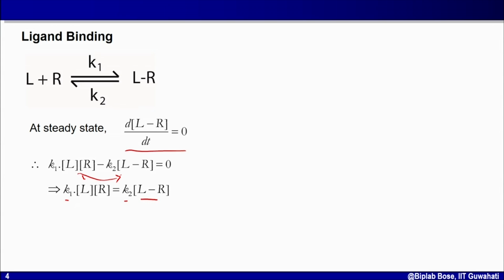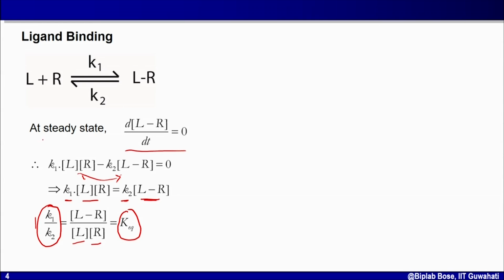So now take out this constant term on one side and the variable term on the other side. So what I get? I get K1 by K2 is equal to [LR] by concentration of free ligand and concentration of free receptor. This ratio of K1 and K2 is called equilibrium constant in biological literature.